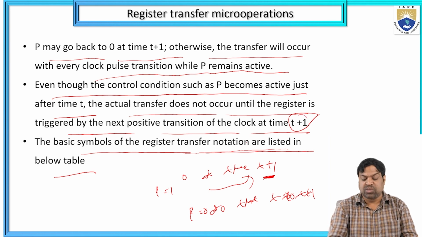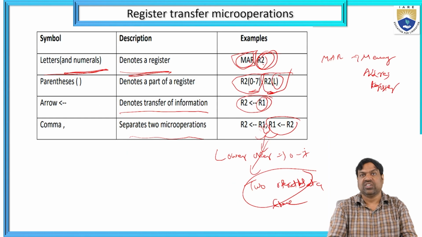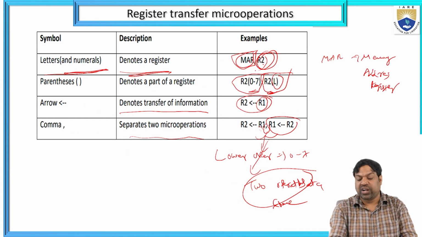The basic symbols of the register transfer notation are listed. Here MAR is the memory address register, and R2(L) means the lower order bits 0 to 7. R2 ← R1 is an unconditional register transfer operation, a transfer of information from one register to another.